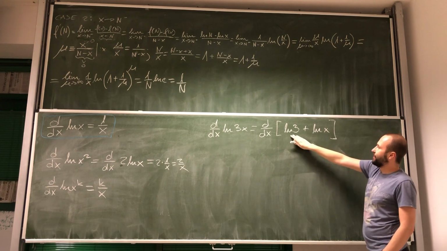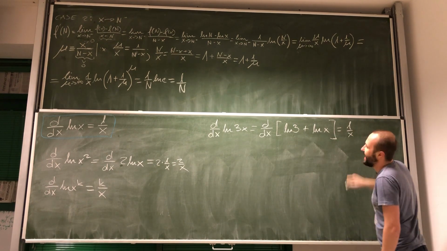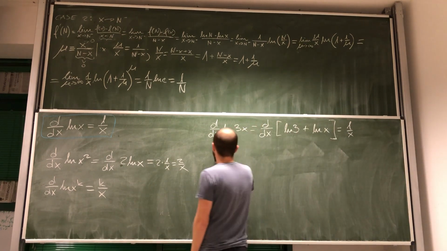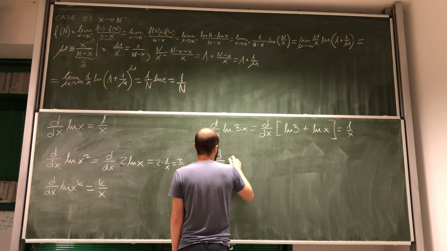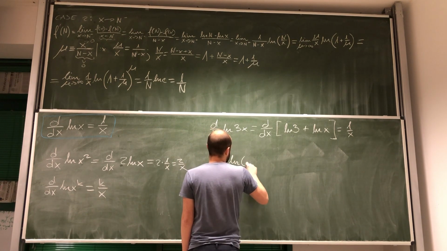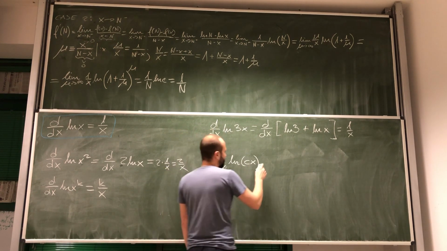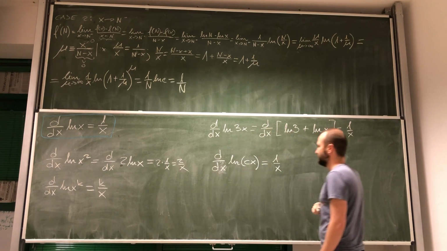Now, what is the derivative of a constant? 0. So this is 1 over x. And finally, out of that, we are getting another rule. The derivative of ln cx is equal to 1 over x.